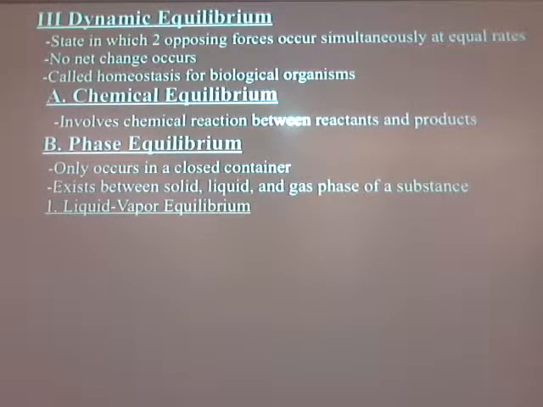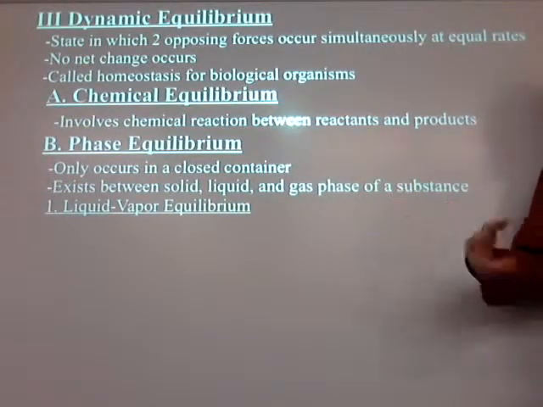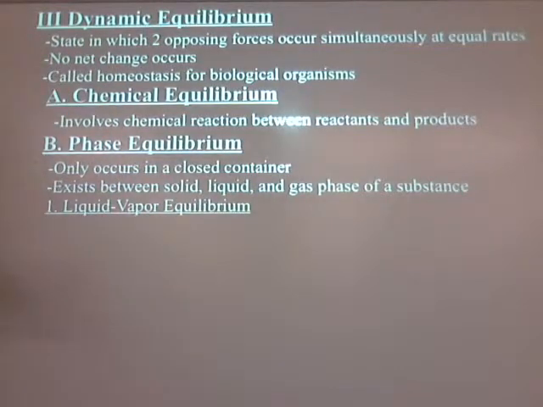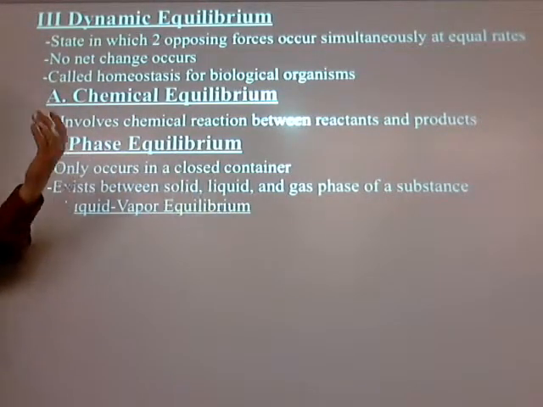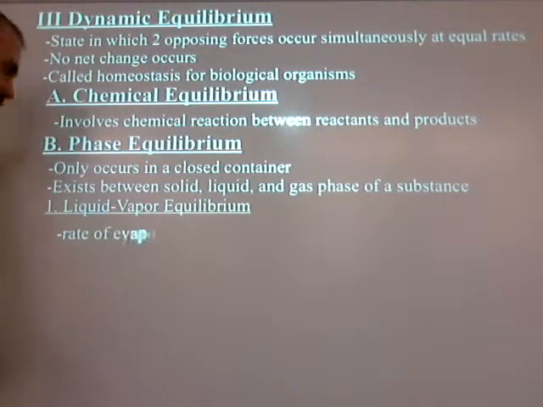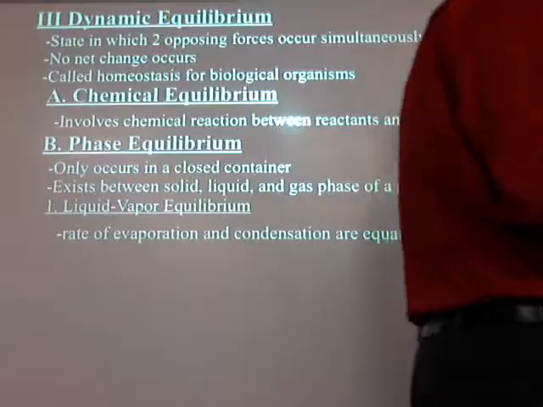For a liquid-vapor equilibrium, the equilibrium exists between 2 processes. What's the name of those 2 processes? Going from a liquid to a vapor or a vapor to a liquid, what do we call them? Evaporation and condensation, exactly. So the rates of evaporation and condensation for this guy are going to be equal.